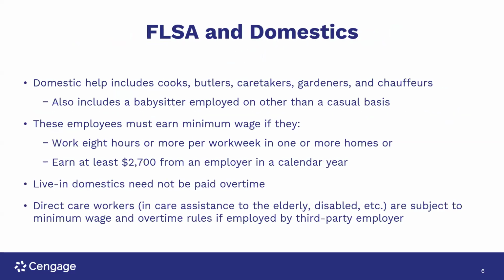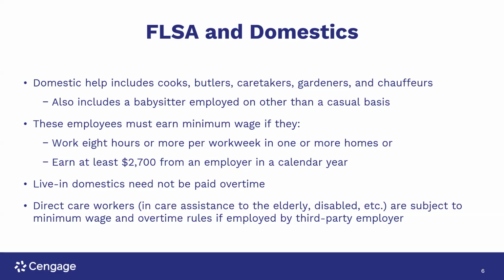There are some specific rules related to the FLSA and domestics, which includes cooks, butlers, caretakers, gardeners, and chauffeurs. They must earn a minimum wage if they work 8 or more hours in a work week in one or more homes, or earn at least $2,700 from an employer in a calendar year.